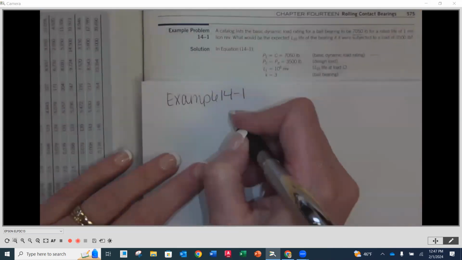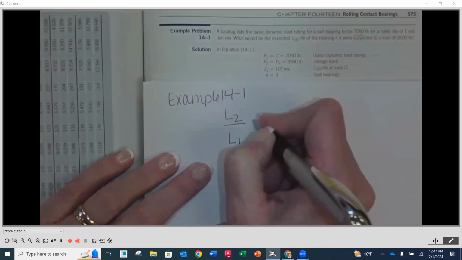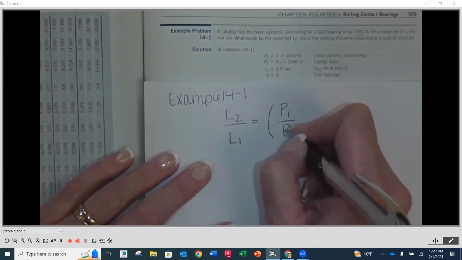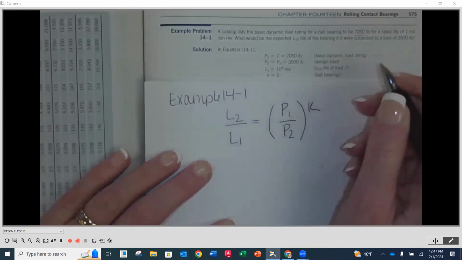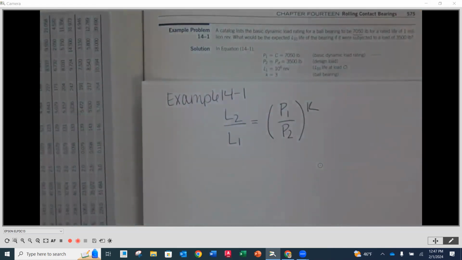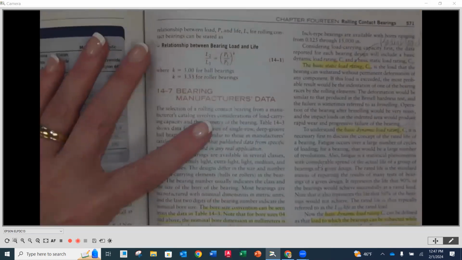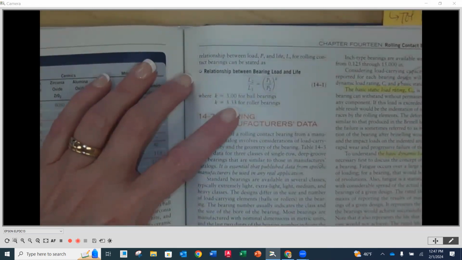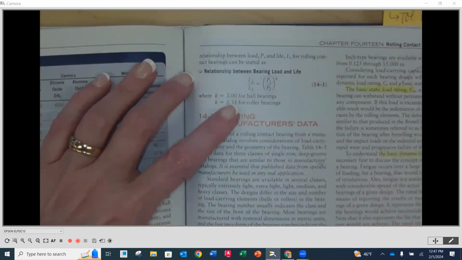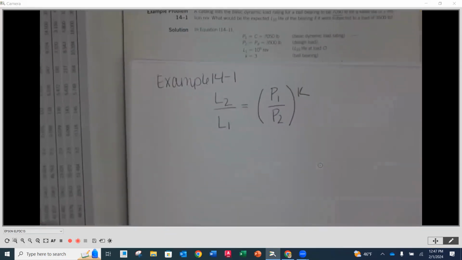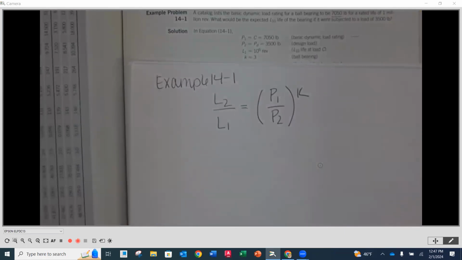Okay, so my equation is L2 over L1 is equal to, in parentheses, P1 over P2, and then we're going to take it to the K power. Now that K power, remember, is different numbers depending on if I'm a ball bearing or a roller bearing, and we're using the ball bearing number. So our K is equal to 3. As we look here, all of our ones are going to be out of the catalog numbers.